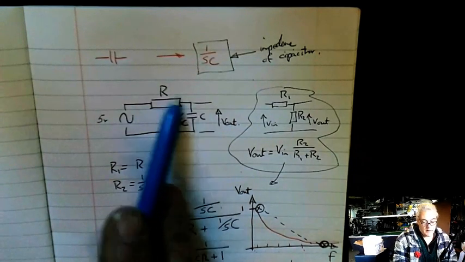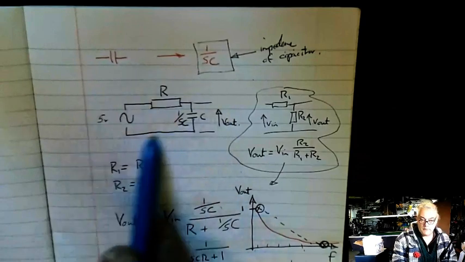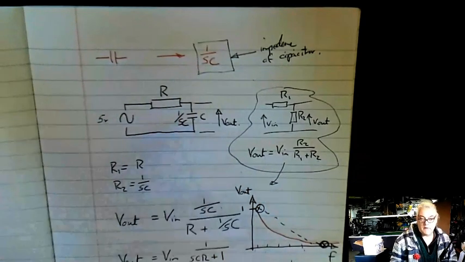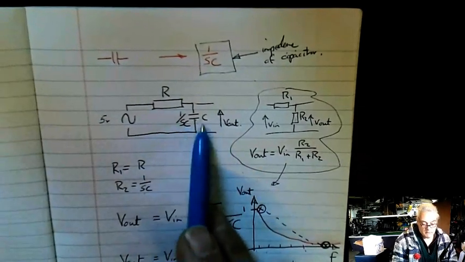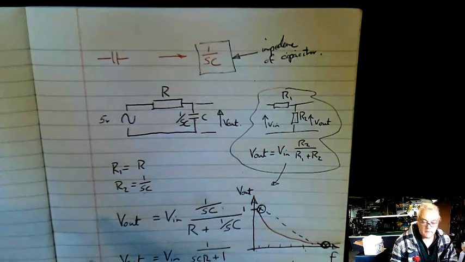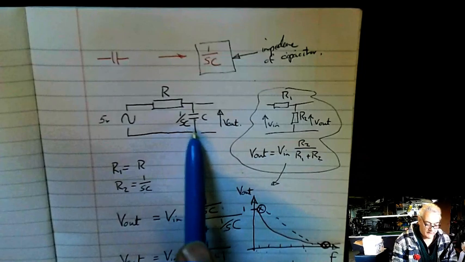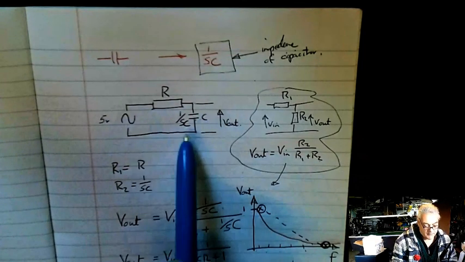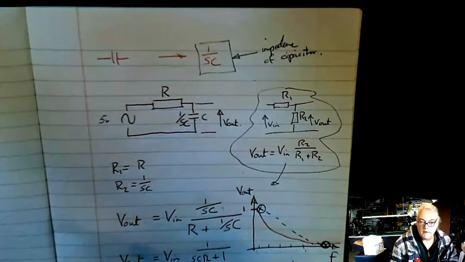And obviously this is a very, very simple two-element circuit. The same principle applies whether we put inductors around here, capacitors around here, or whatever. We replace inductors with sL and we replace capacitors with 1 upon sC.